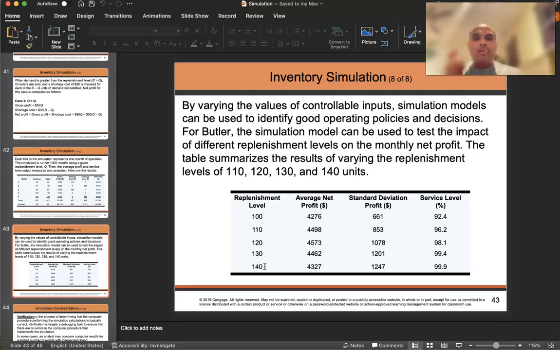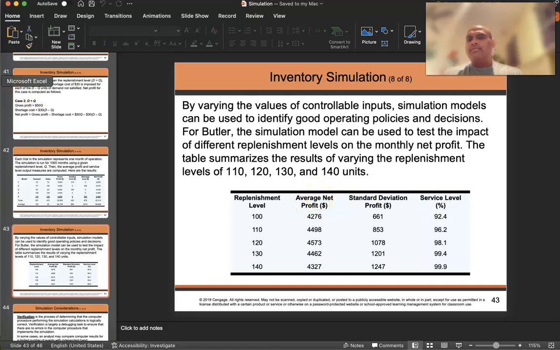So the idea is that we'll have a fixed replenishment level, and at the beginning of every month we'll have the exact same number of routers on hand. The idea is to see which of these replenishment levels make sense and look at service level and the average net profit. So that's what you're going to do.